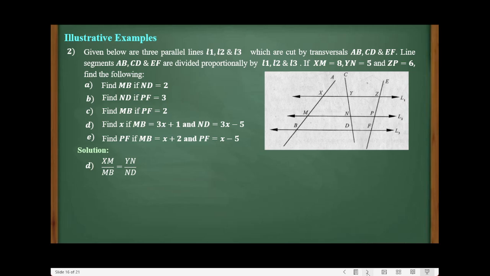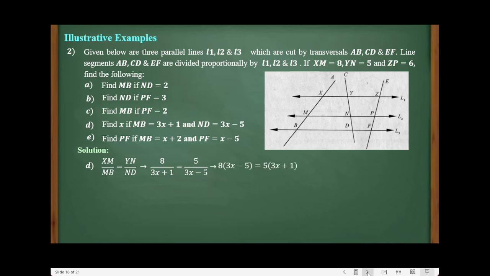Then substitute the given lengths. XM is 8, then MB is the quantity 3x plus 1. Then YN is 5, while ND is the quantity 3x minus 5. So we now have a proportion in terms of x. By doing the cross-product approach, we can find the value of x.